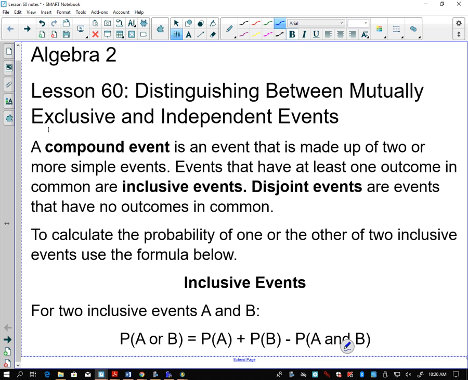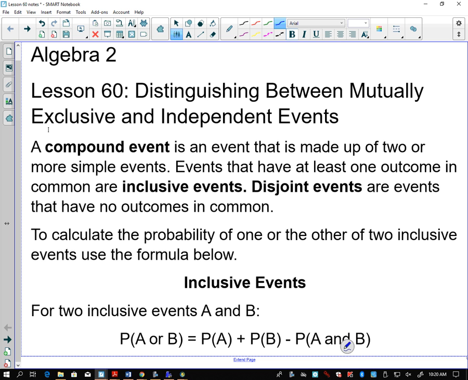Let's see, example. You'll see some of these things with example 1 in your book on page 427. The spinner landing on a blue sector and the spinner landing on 4. Well, those are disjoint events. Then look at B, the spinner landing on a blue sector and the spinner landing on 3.